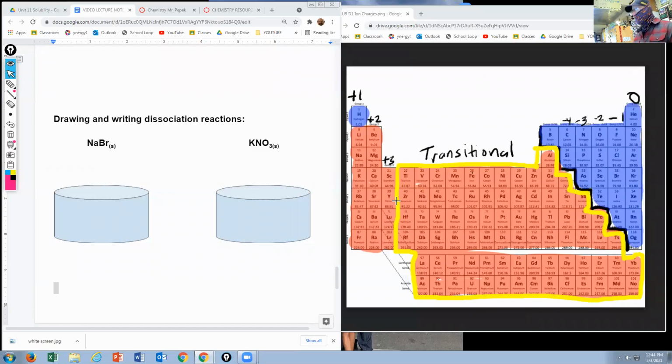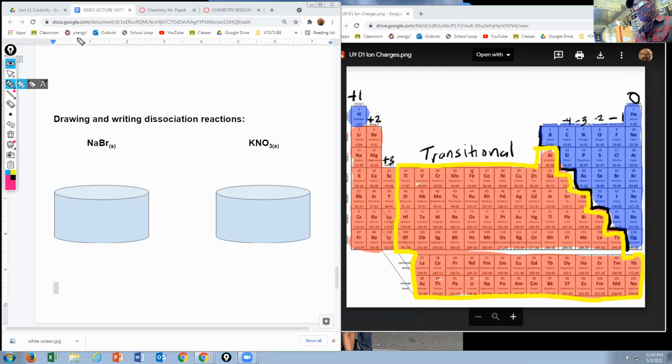Now, we talked not too long ago when we practiced naming formulas and compounds, we had to figure out what the charges were. So we called those things ions. Just as a reminder, everything in column 1 is going to be a +1. Everything in column 2 is a +2. These are all +3s.